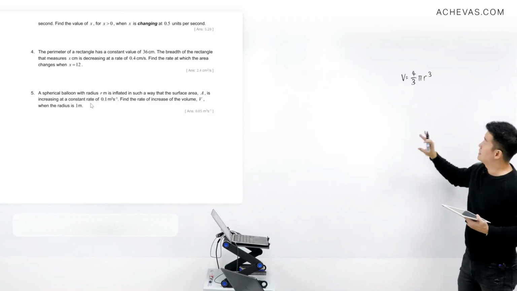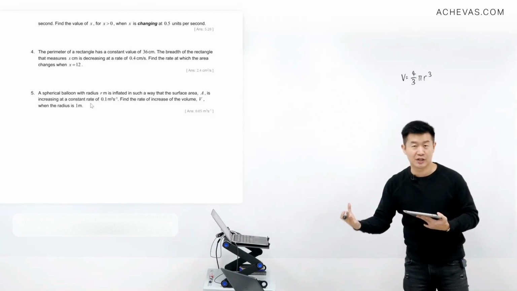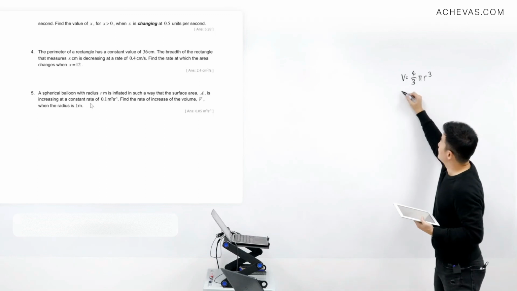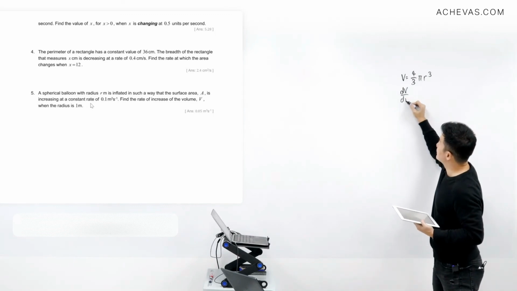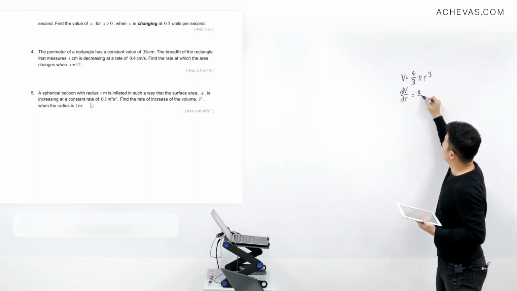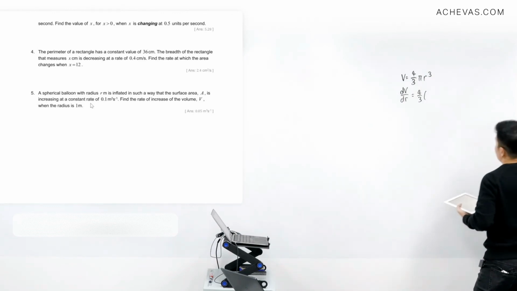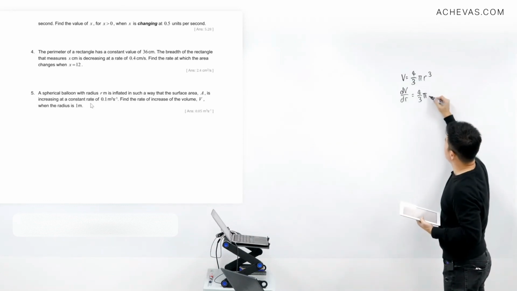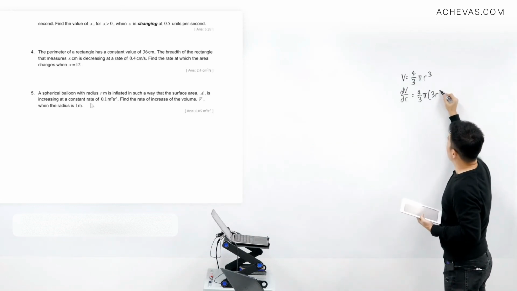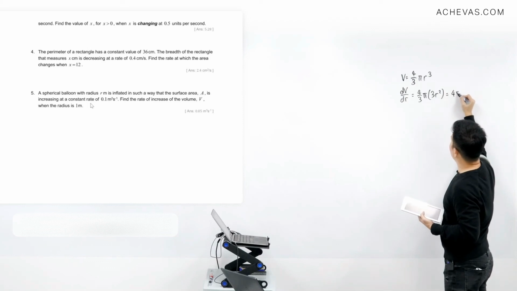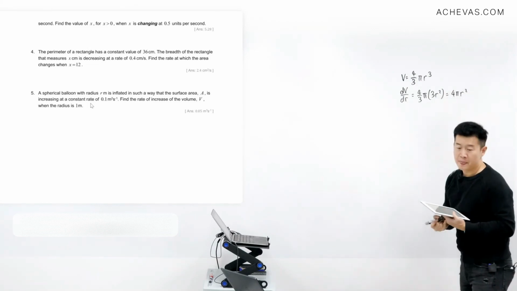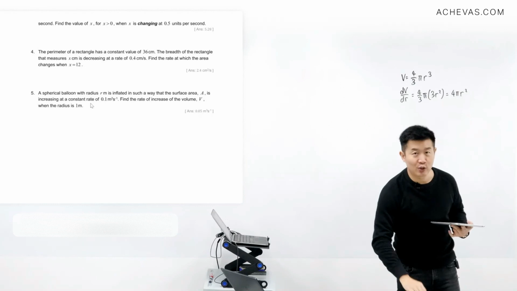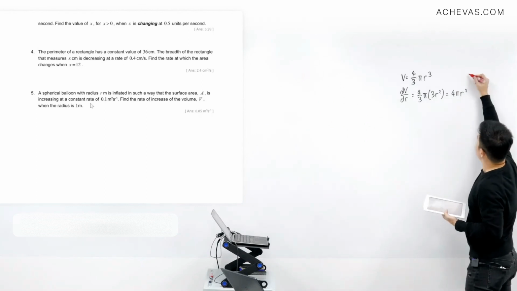Because if I have this, then we can very easily differentiate with respect to r, which gives dV/dr equal to 4/3 π, a constant, multiplied by 3r², which gives us 4πr².